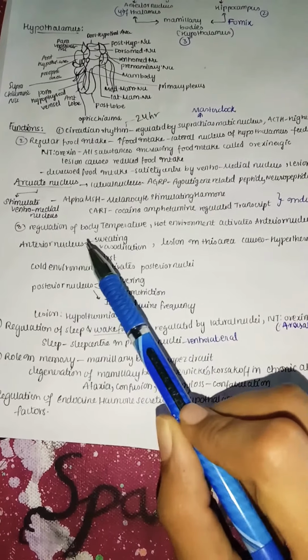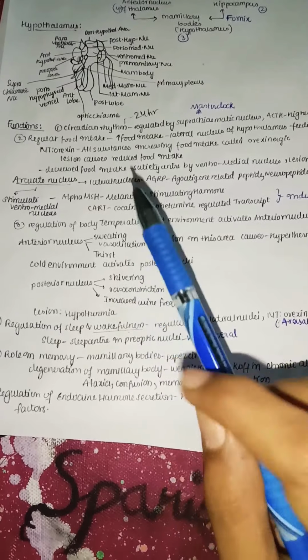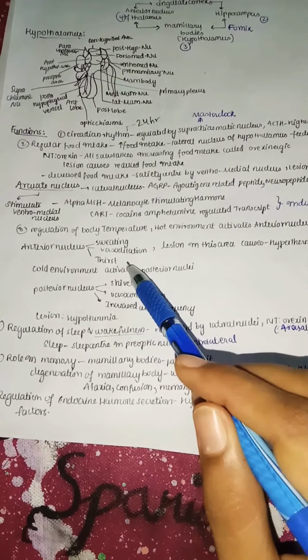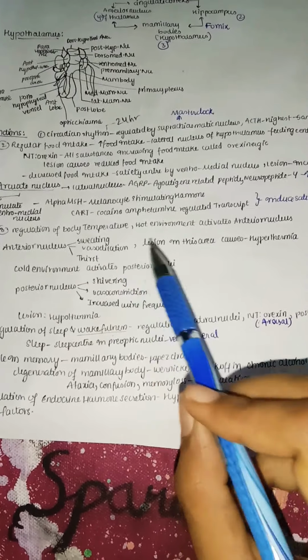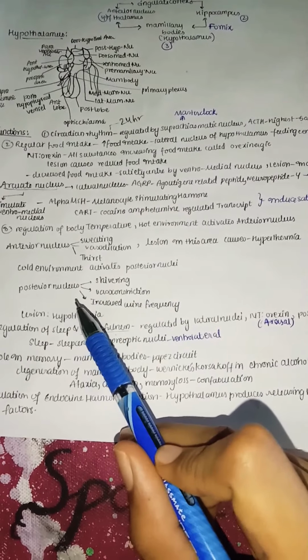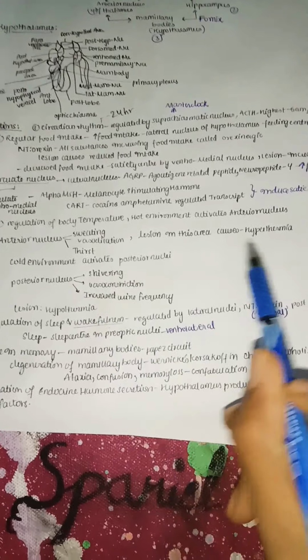Why vasodilation? More blood flow so that we can feel cooler, and it also activates the thirst center in our hypothalamus. If there is any lesion in this area, of course it will cause hyperthermia, because these mechanisms are lost. So if there is a hotter temperature, we feel more heat, that is hyperthermia.